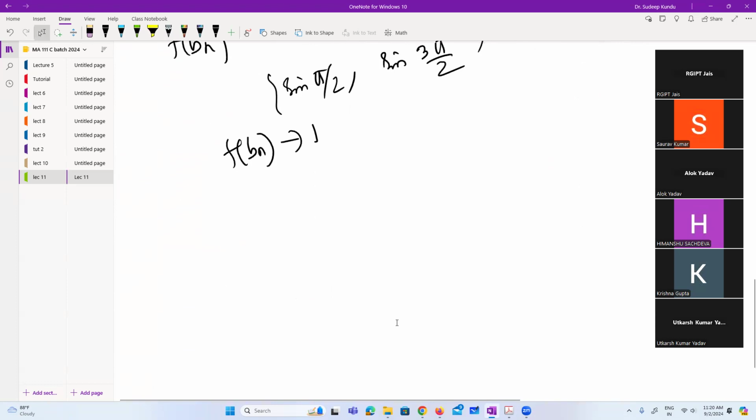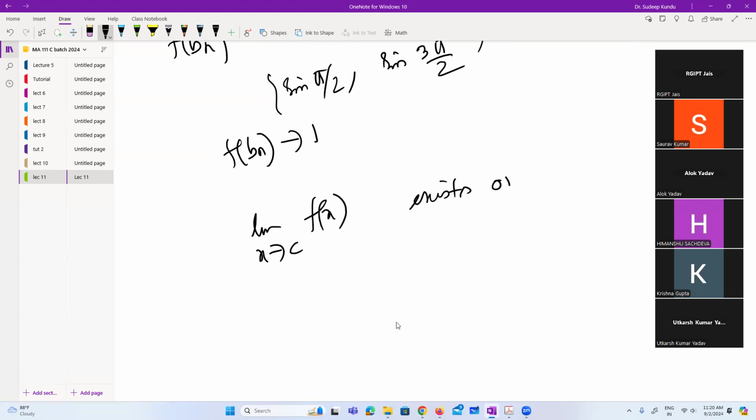Suppose in the exam the limit as x tends to c of f(x) exists or not. Suppose this is your question, right? So you have to choose a sequence which converges to c. This sequential criterion I told is useful when the limit does not exist, okay.